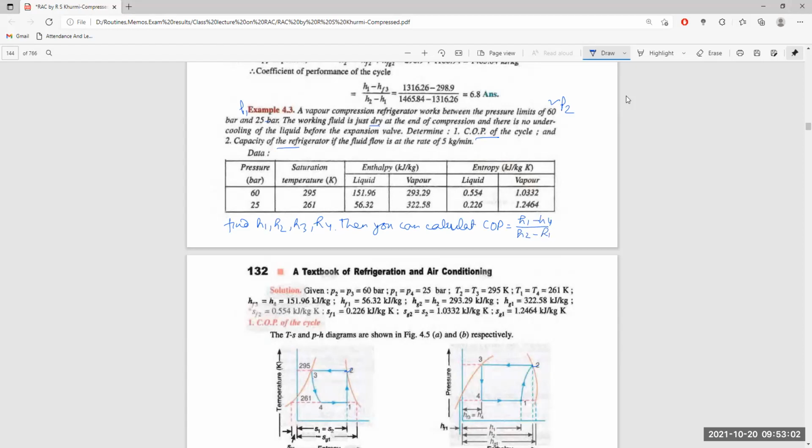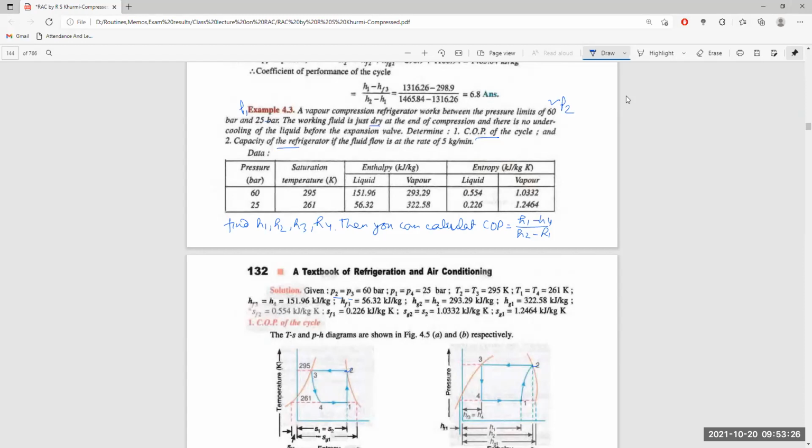Now how can we do this? What is given here, we have to examine one by one. P2 and P3 are given. On the pressure-enthalpy diagram, this is P2 and this is P3, both on the same horizontal line, so P2 is equal to P3, given at 60 bar.